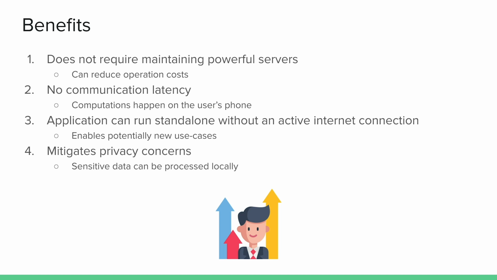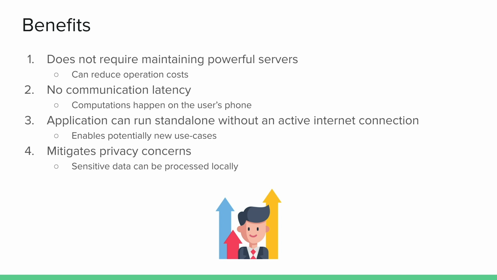The benefit that you gain if you deploy your model inside of an application that runs directly on your smartphone is that you do not have to maintain powerful servers. People won't upload samples to your server, where you have to run inference and then send the results back. So it's just using the computational power of your users that they already have.